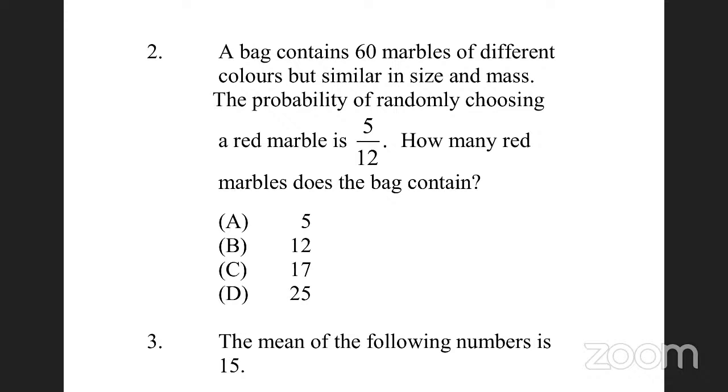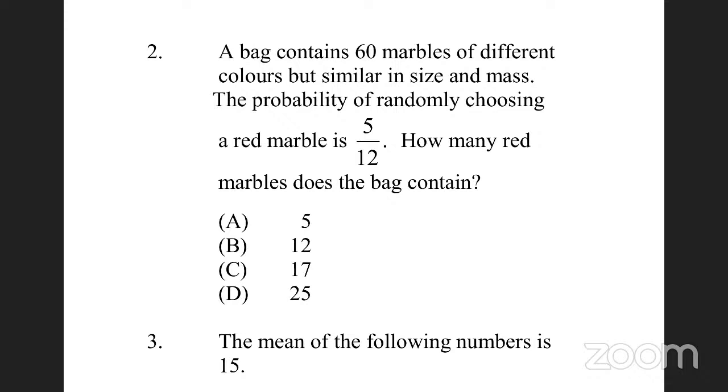So let's see what we come up with. A bag contains 60 marbles of different colors, but similar in size. The probability of randomly choosing a red is 5 on 12. How many red marbles does the bag contain? What do you do?